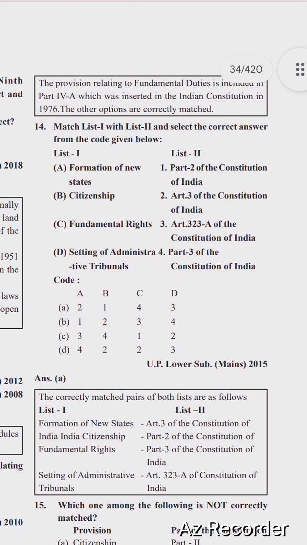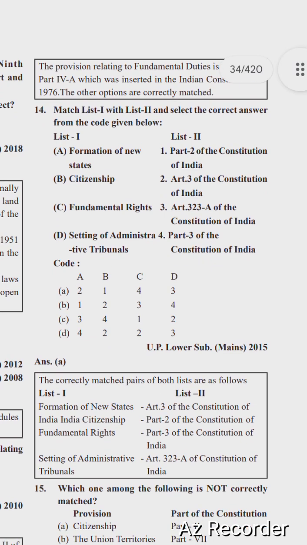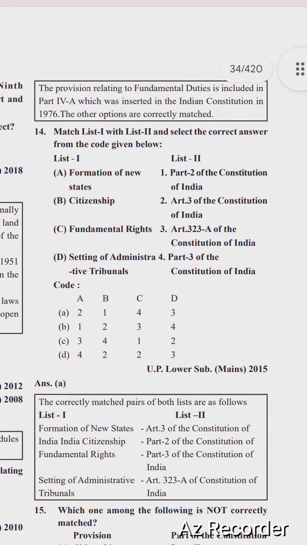So next question is, match list 1 and list 2 and select the correct answer from the code given below. Formation of new state, Part 2 of the Constitution of India; Citizenship, Article 3 of the Constitution of India; Fundamental Rights, Article 323A of the Constitution of India; Setting up of Administrative Tribunal, Part 3 of the Constitution of India.